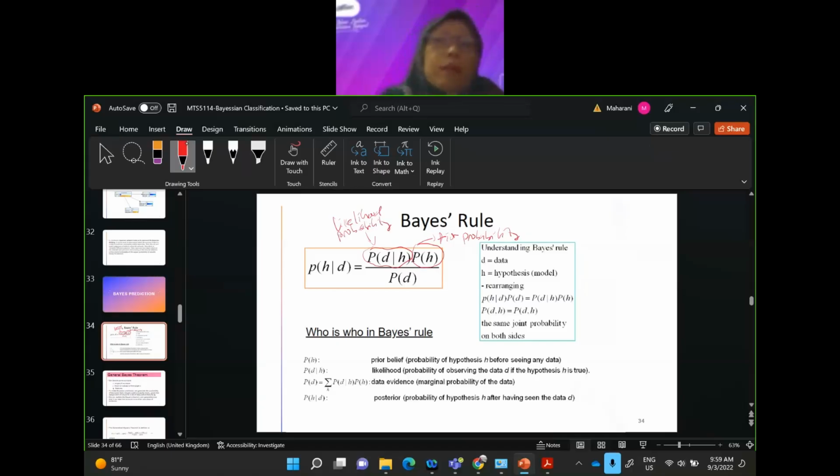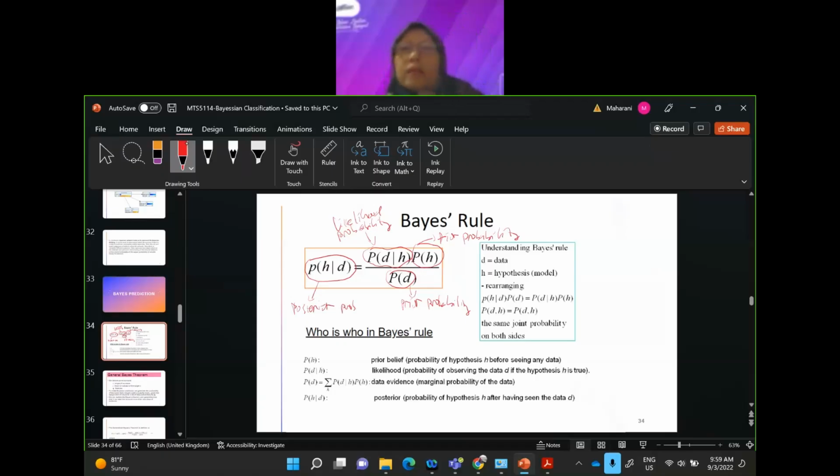Whereas this one, the denominator, the probability of D, is also called the prior probability. And the one that we look for is this. This one is called the posterior probability.